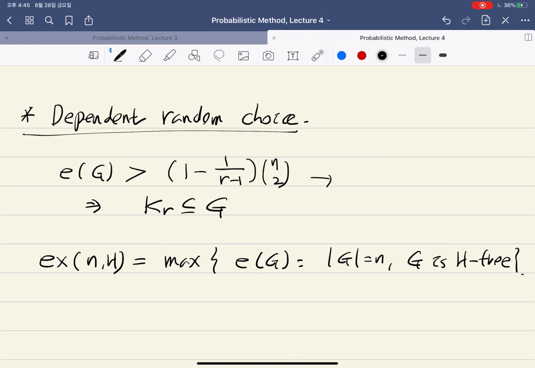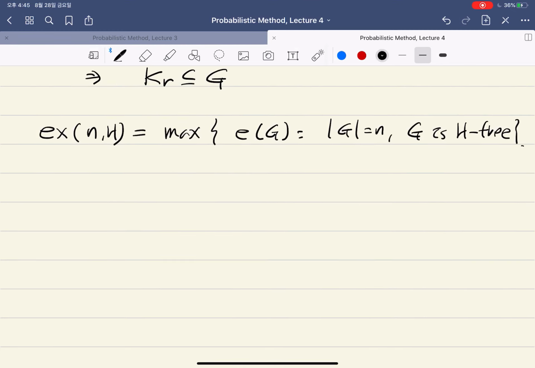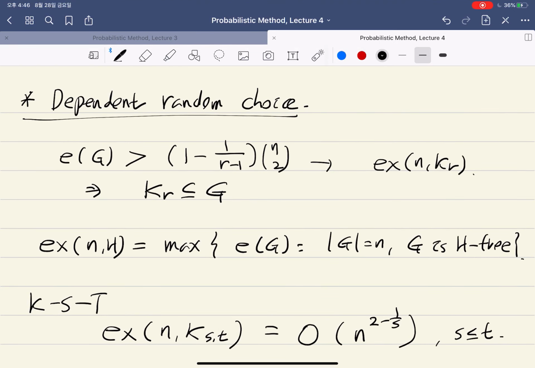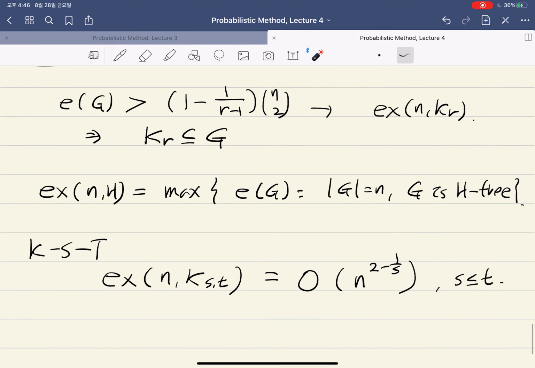So this actually determines the extremal number of K_r. And we also learned the Kővári–Sós–Turán theorem, showing that the extremal number of K_{s,t}, the complete bipartite graph, is big O of n to the 2 minus 1 over s, where s is smaller than t. So we learned about this extremal number.